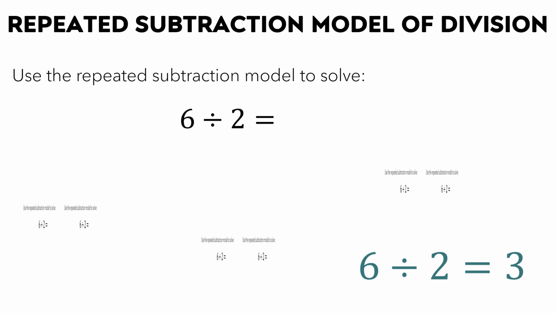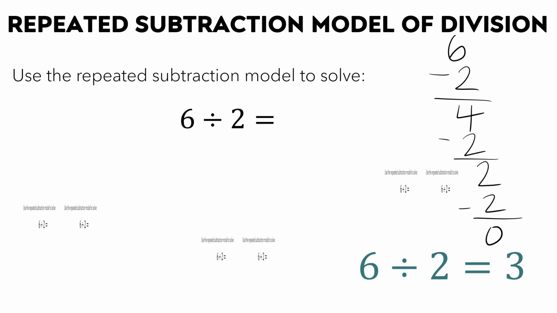If you did not want to use a visual, you could also just say 6 minus 2 is 4, minus 2 is 2, minus 2 is 0. So we repeatedly subtract 2 until we get to 0, and then we can go back and count and say, okay, we subtracted 2 three times.